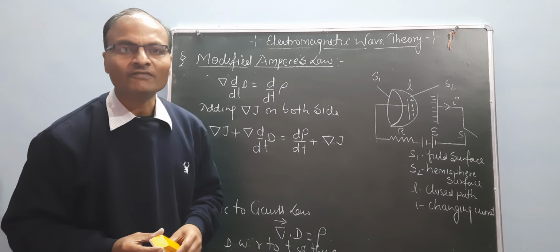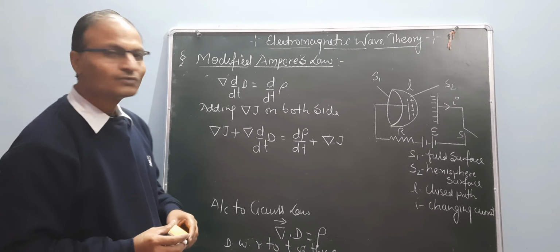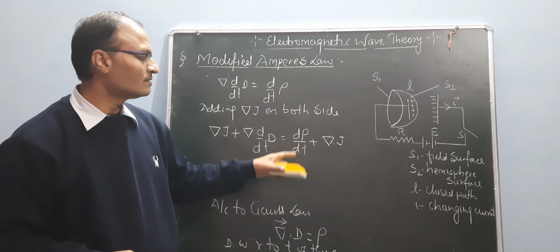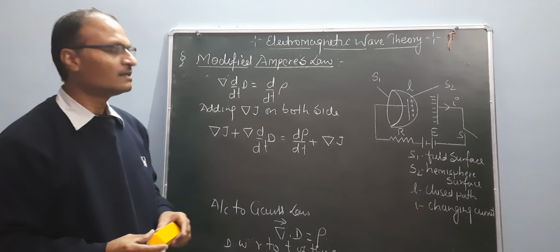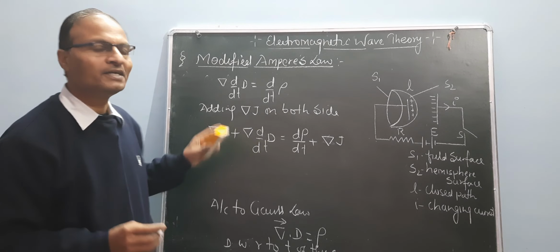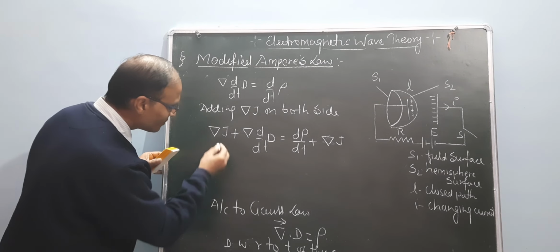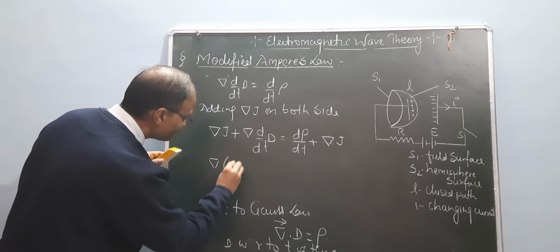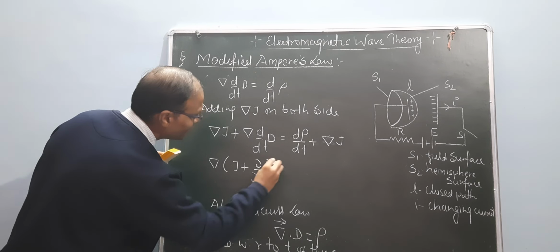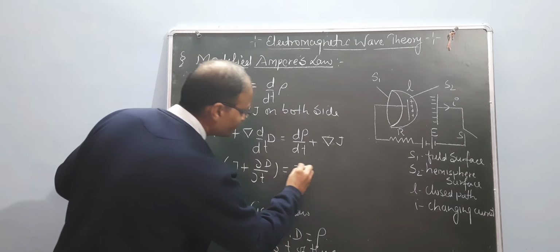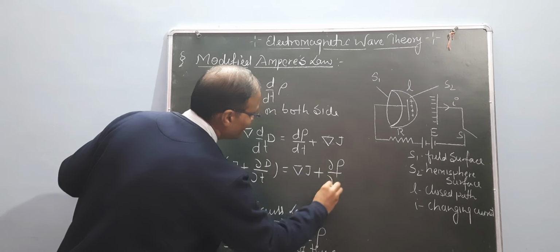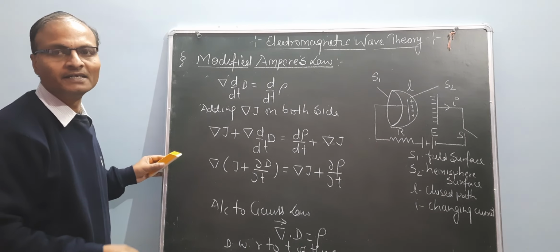This is the equation of continuity. So, taking the common terms, del dot of J plus del D over del t equals del dot J plus del rho over del t.